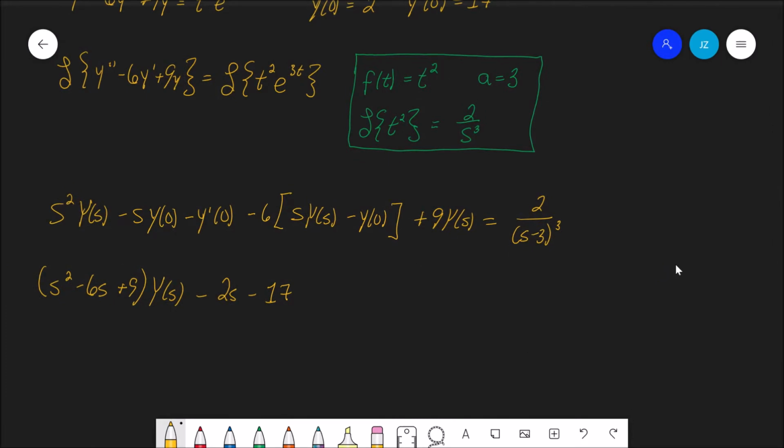Plus 6 times 2, which is 12. Simplify this. And that whole thing is equal to 2 over s minus 3 cubed.